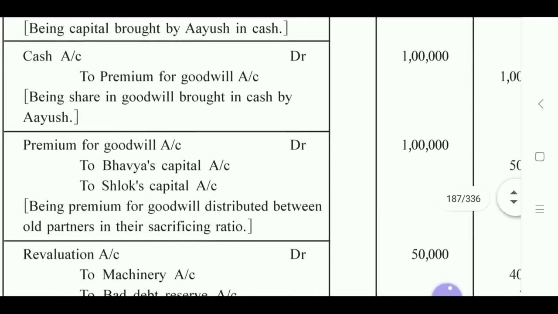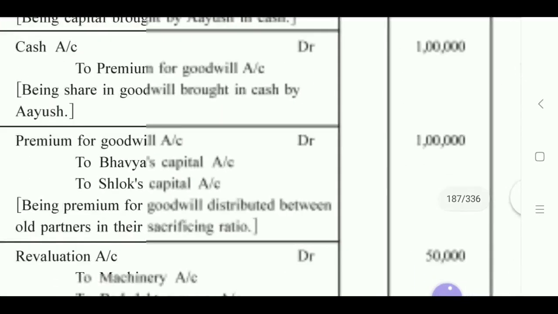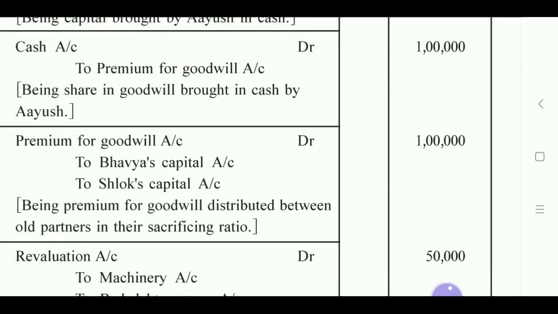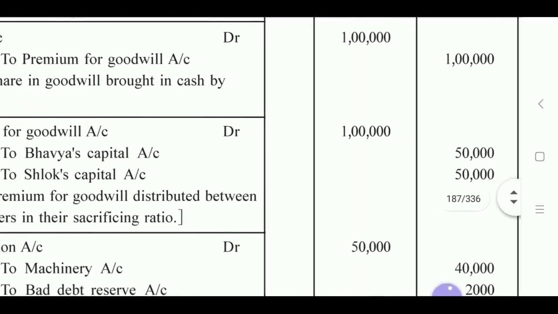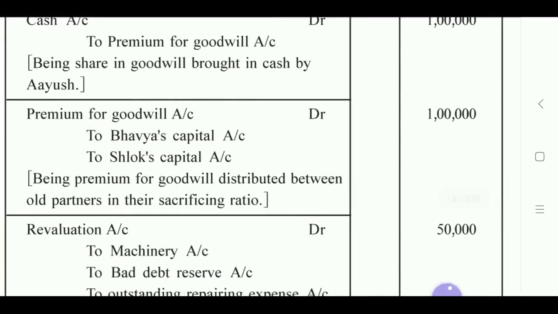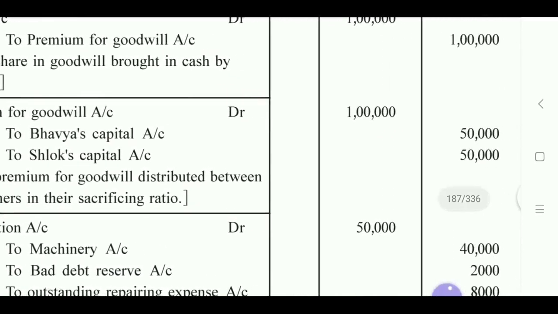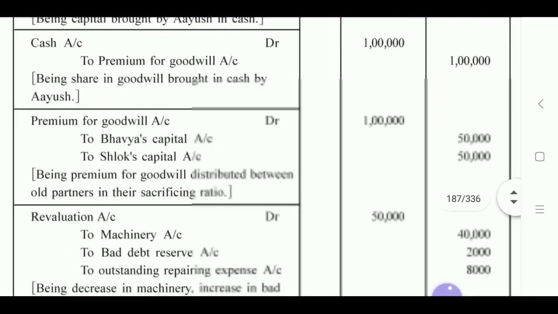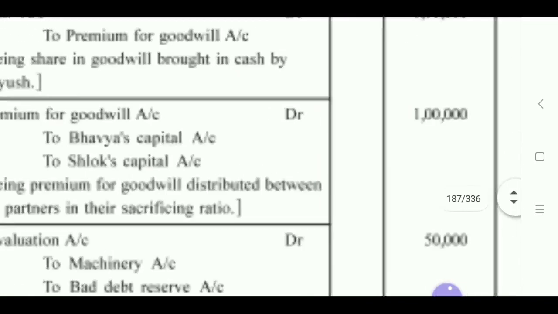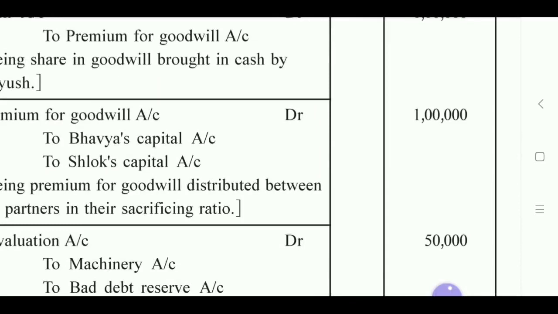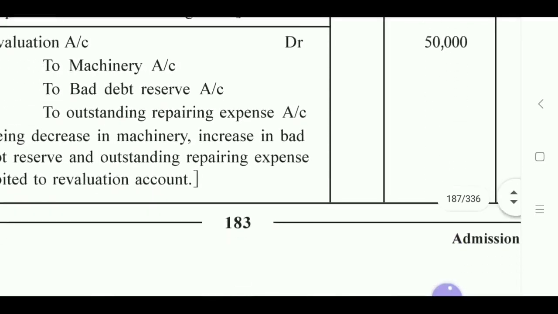Fine. Third journal entry, premium for goodwill account debit to Bhavya's capital account 50,000, to Shlok's capital account 50,000. अब इनमें से कौन सा अकाउंट है हमारे पास? We have partners capital account. Yes, so posting will be done in that particular account. Let us quickly check.